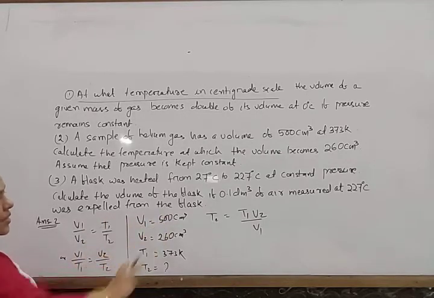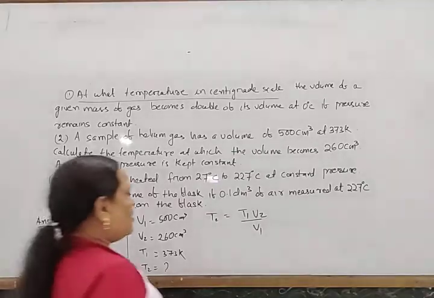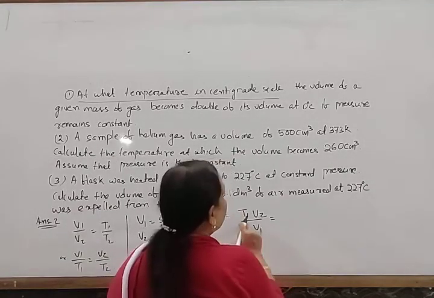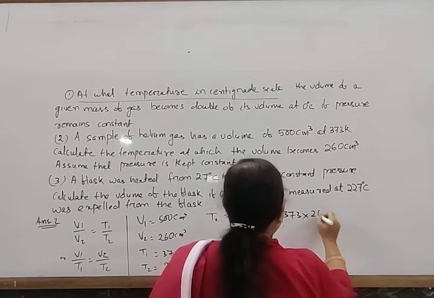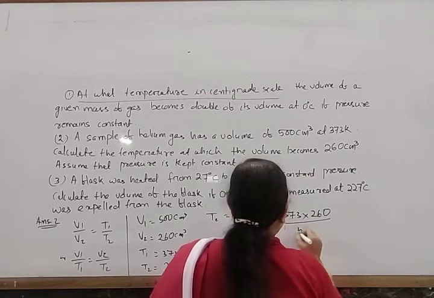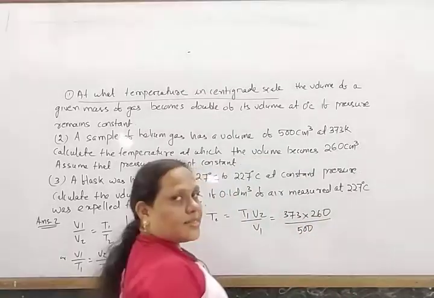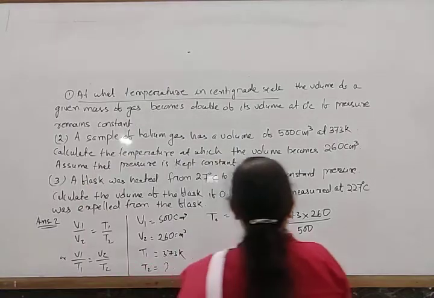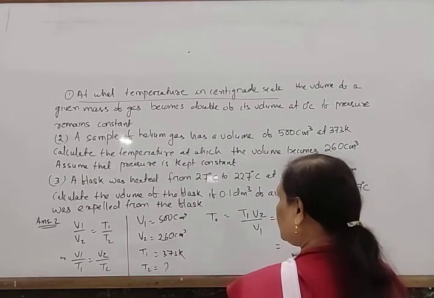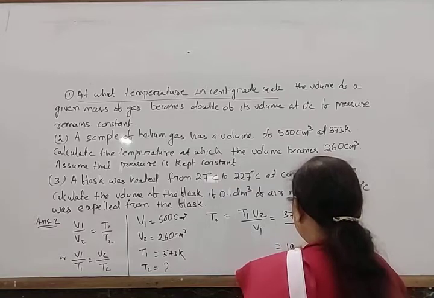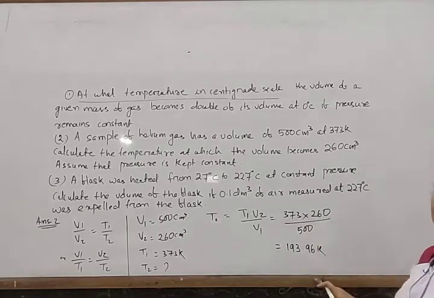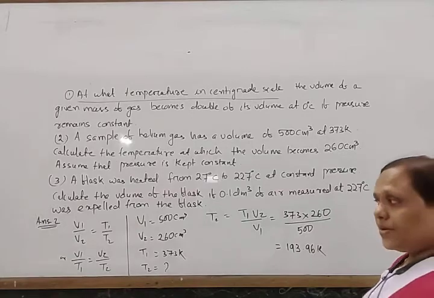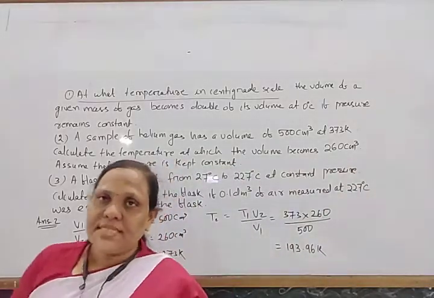This equals 373 into 260 divided by 500. Calculate this, and you will get the answer, nearly 193.96 Kelvin. Okay, so this is Charles' law.